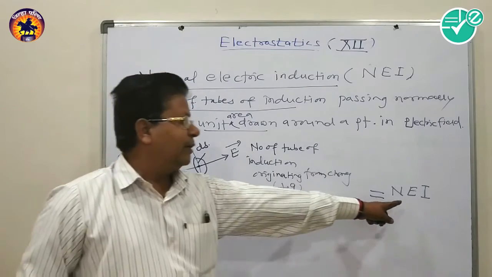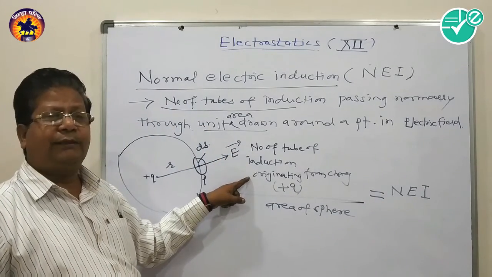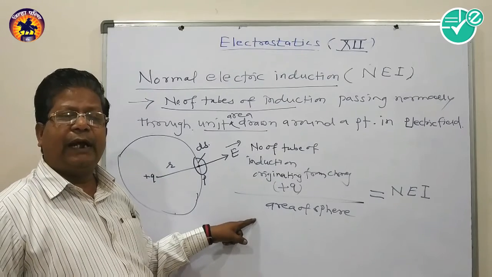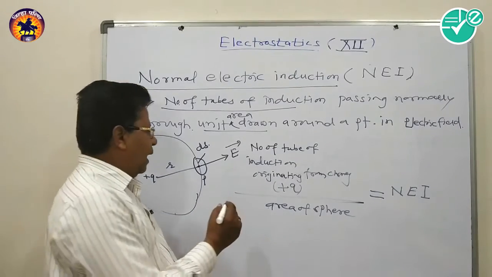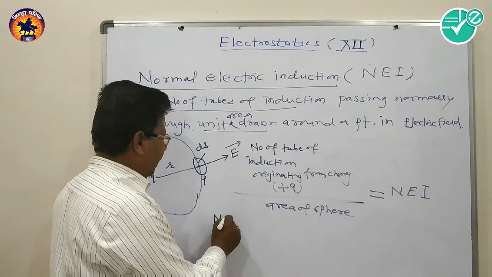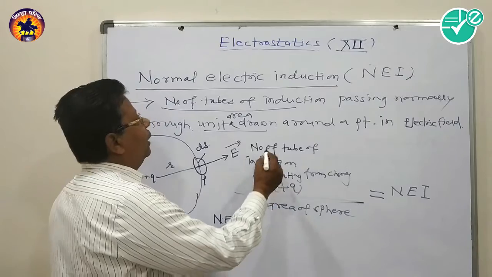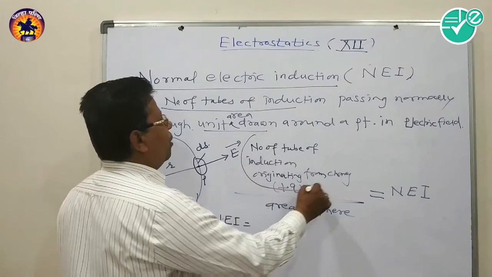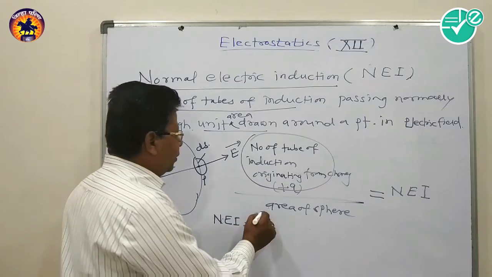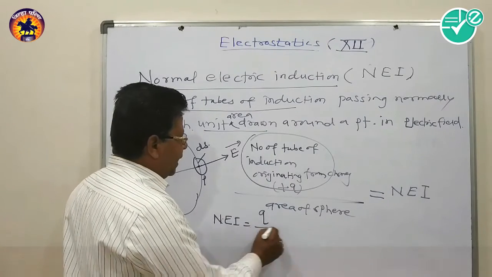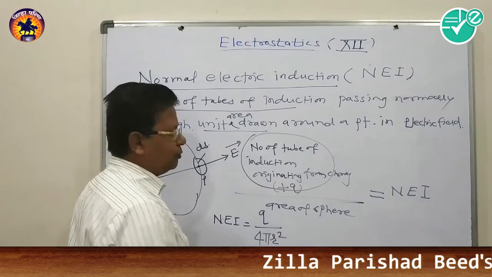So normal electric induction is the number of tubes of induction originating from charge plus Q per unit area, that means divided by the area of the sphere. From this we obtain normal electric induction is equal to the number of tubes of induction originating from charge plus Q, which is equal to Q, divided by the area of the sphere, 4 pi r square.